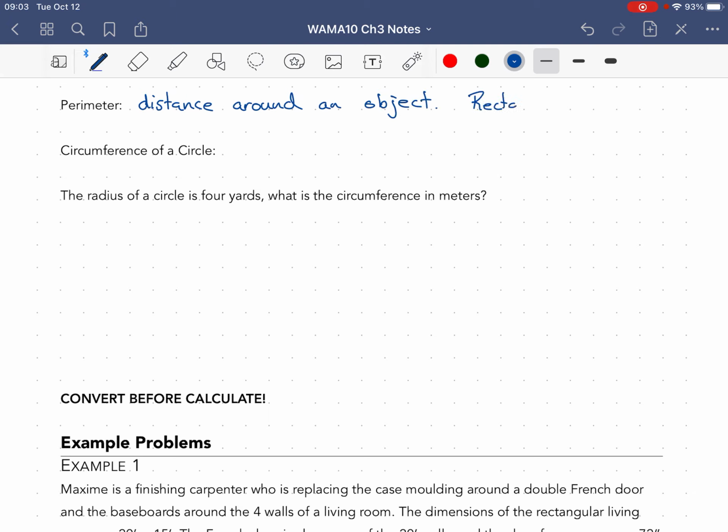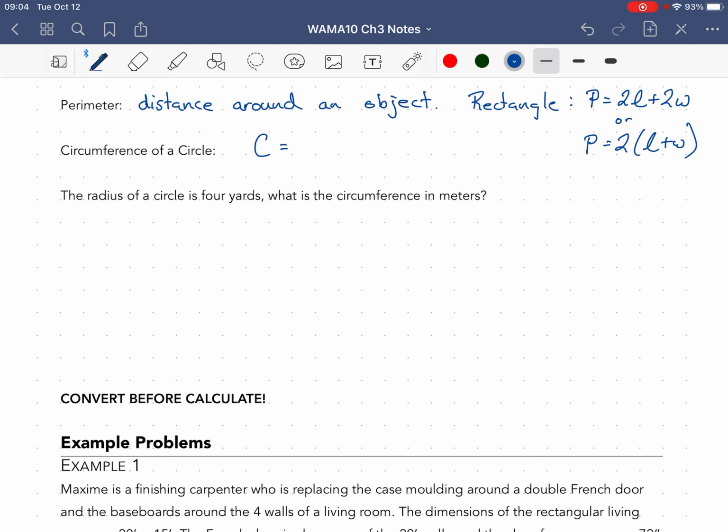For a rectangle, our perimeter is equal to twice the length plus twice the width, or perimeter is equal to 2 times the length plus the width. Those two things. Remember, when you're doing formula work, step 1, write the formula. Step 2, fill in what you know. Step 3, solve it. Step 4, check units.